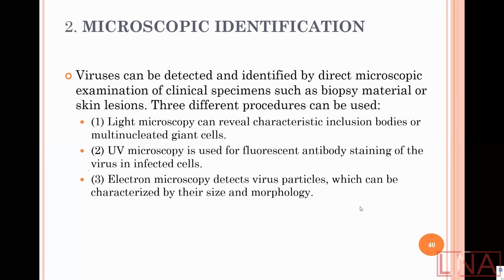First of all, light microscopy can reveal characteristic inclusion bodies or multinucleated giant cells. So it is a kind of cytopathic effect we can observe exactly in the specimen from a person.